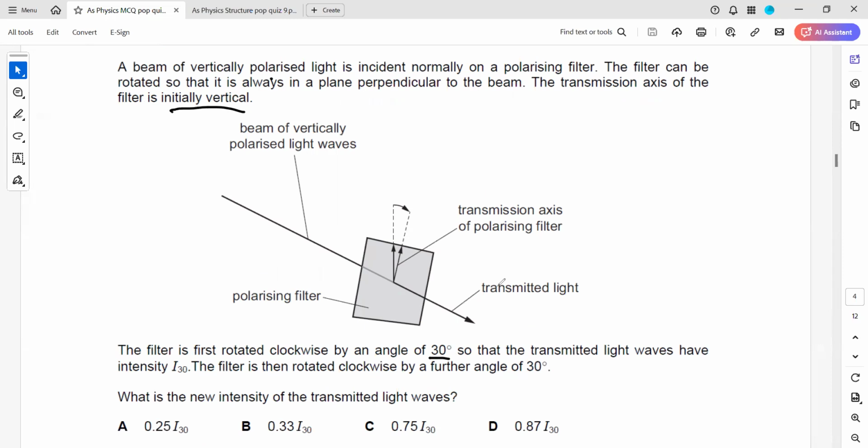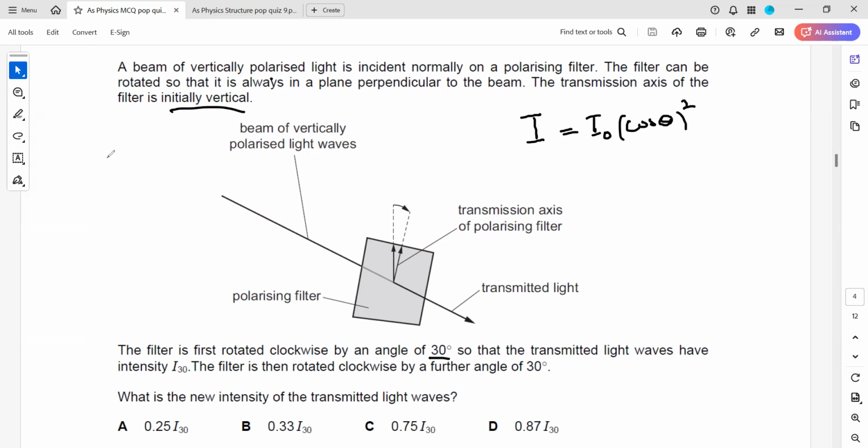The filter is then rotated clockwise by a further angle of 30 degrees. What is the new intensity? So we have to use a law: I equals I naught cosine 30 squared. That's the relation for the light intensity transmitted from the polarizing filter at different angles.